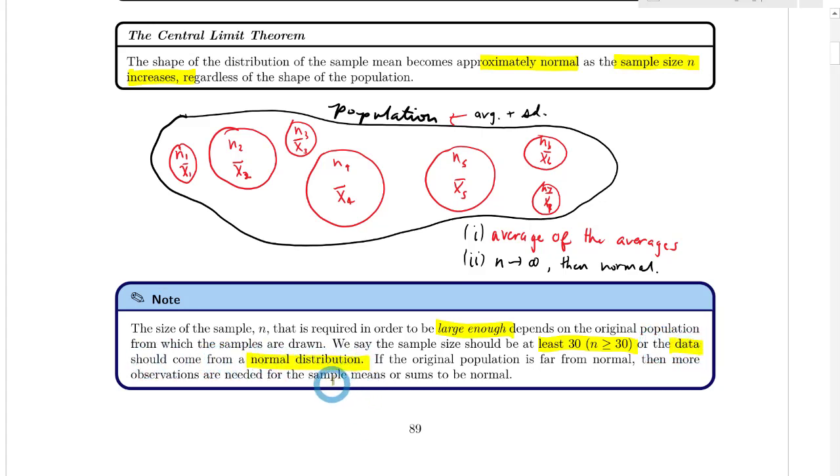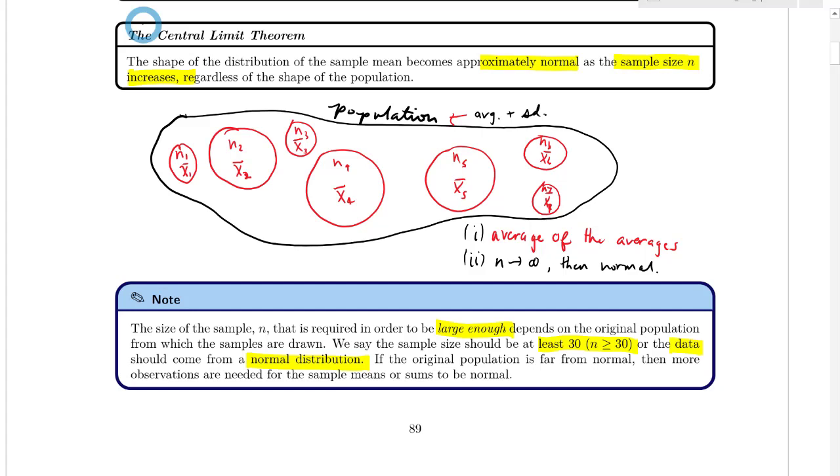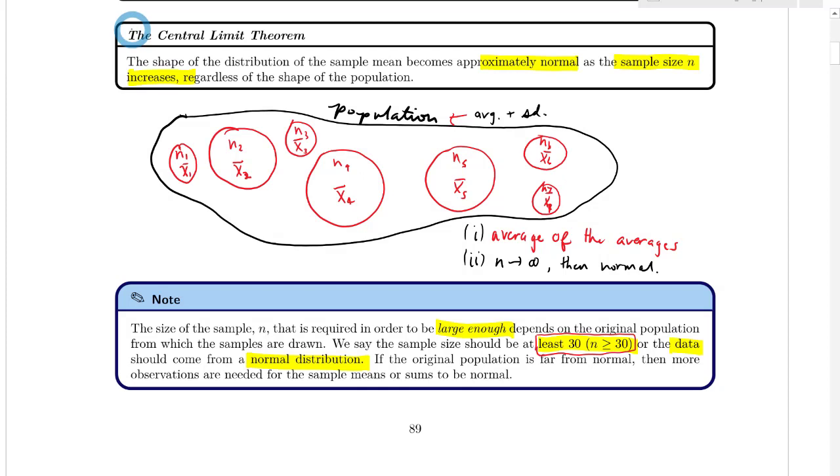If they tell us that the population is normal, then don't worry about it, I'm going to go do my thing. If they don't tell you that, then you will have to verify that your sample is at least 30, and there are also other verifications that we'll discuss in the future. Because in real research, it's not told to us, and we have to research that ourselves.